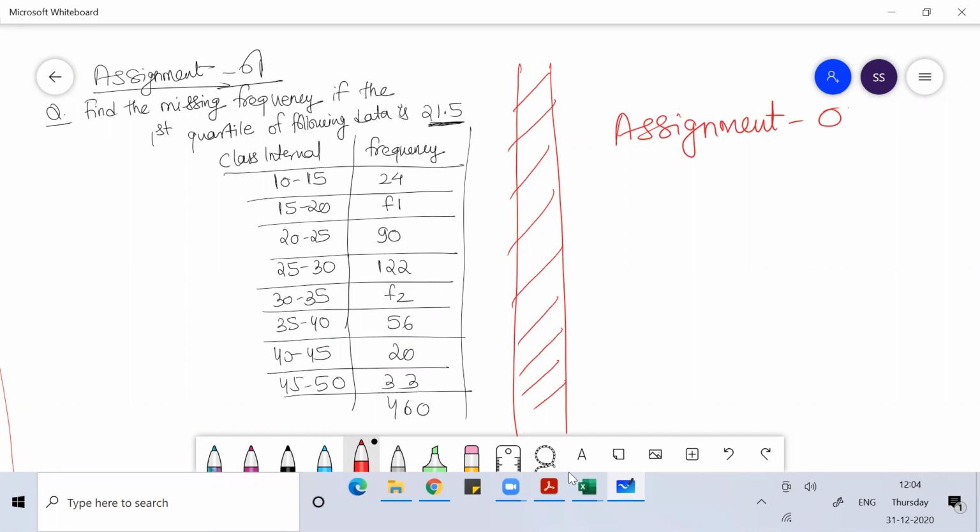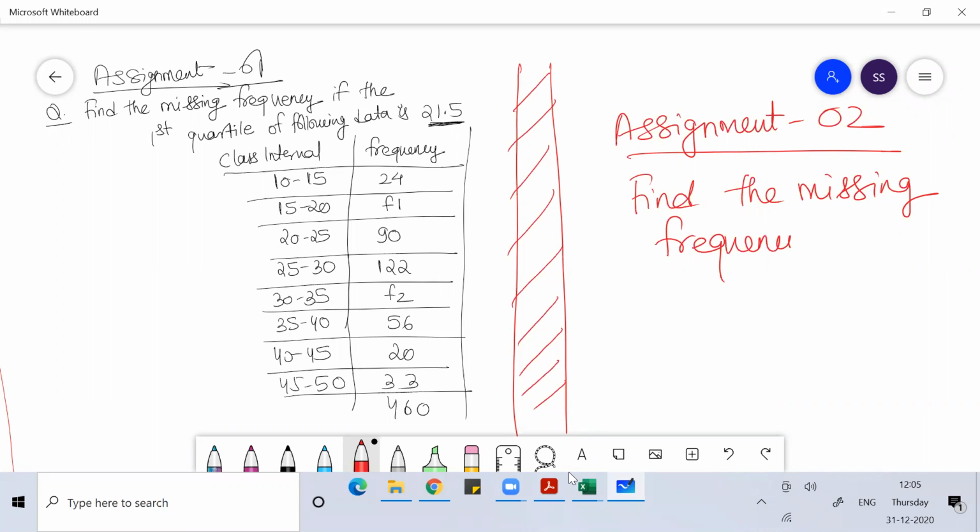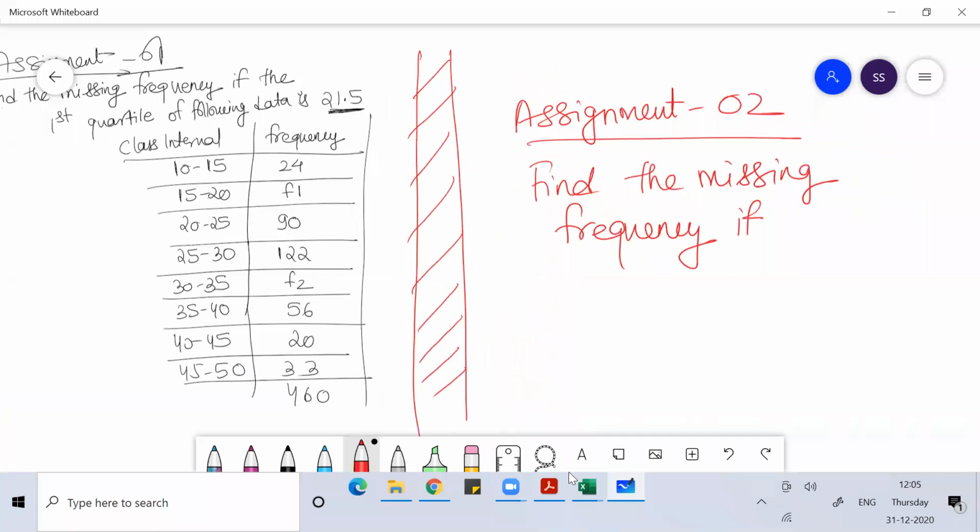Again, a problem on missing frequency. Find the missing frequency if the median is 78.